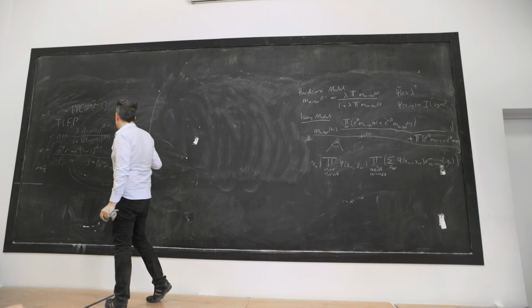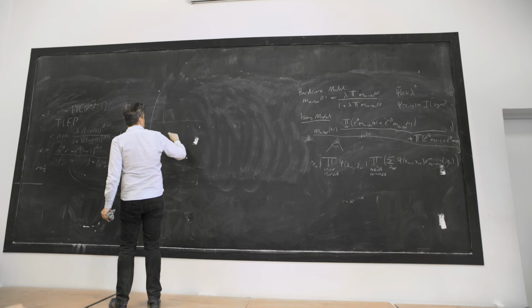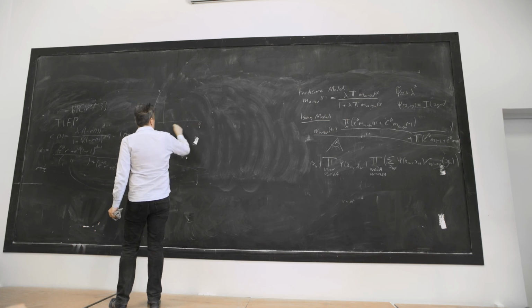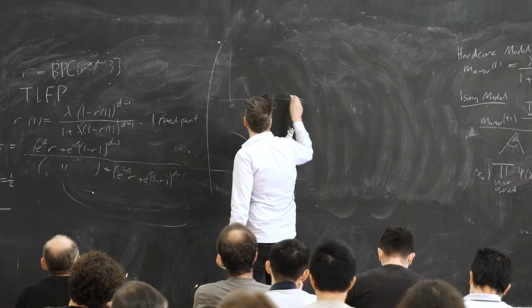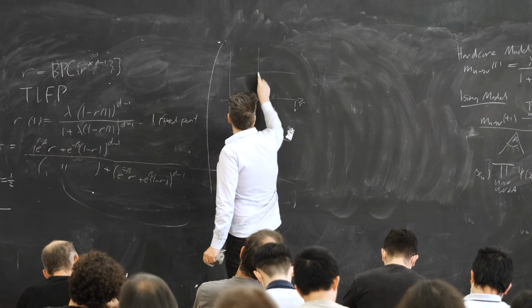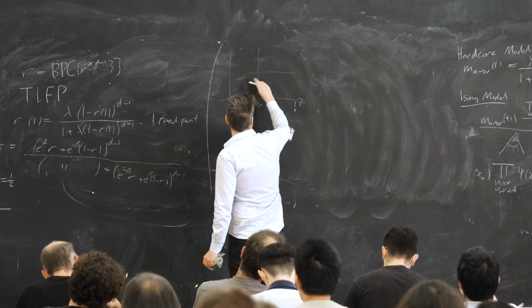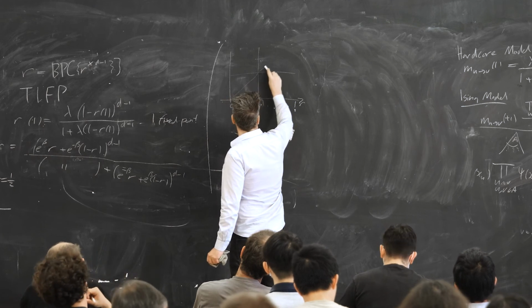Okay, but let me draw the picture of what this graph looks like. So this is R. There'll be a symmetry around 1/2.